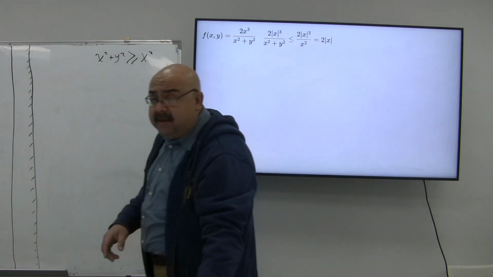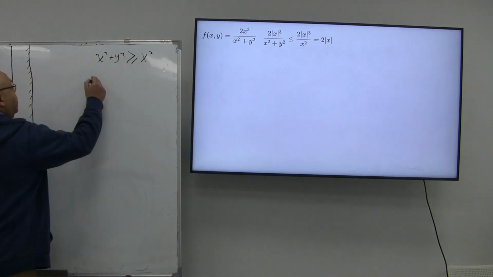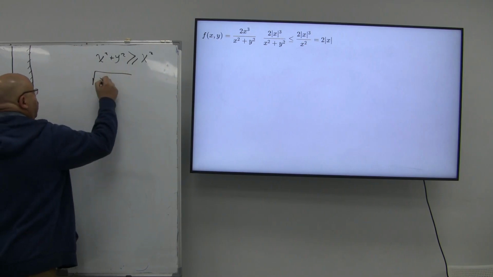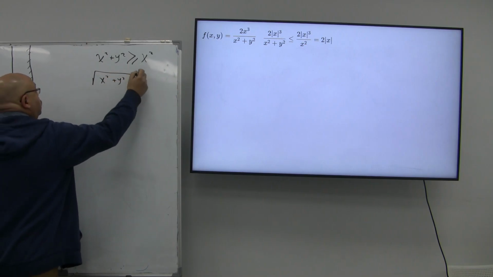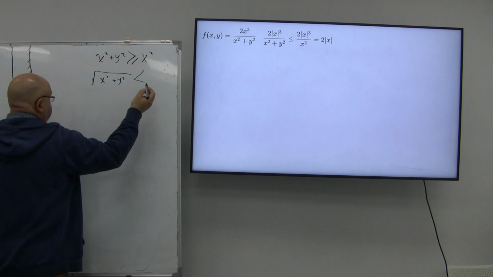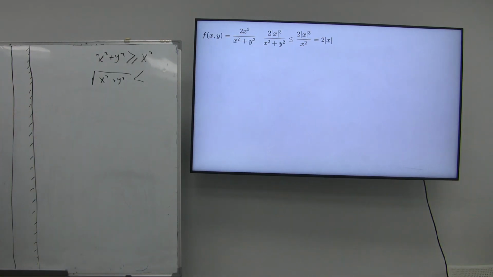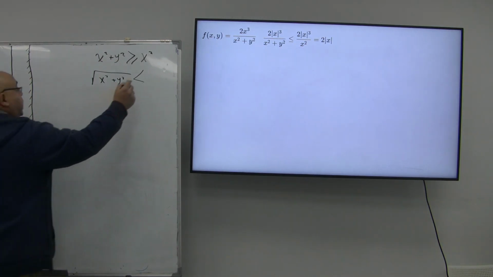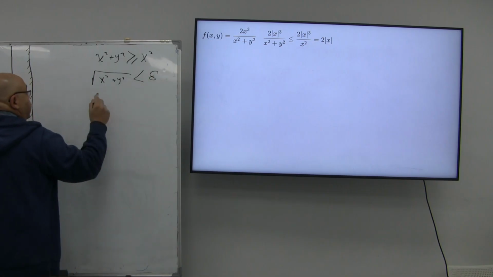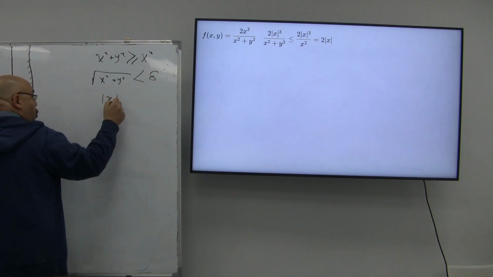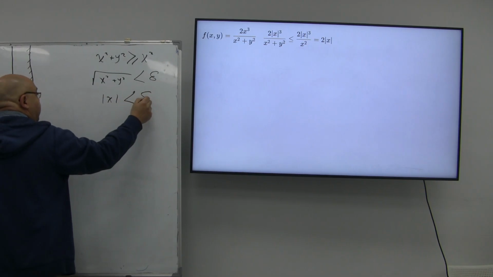Also, we already know that the square root of x squared plus y squared was the first assumption, less than delta, which means that the absolute value of x is of course less than delta.